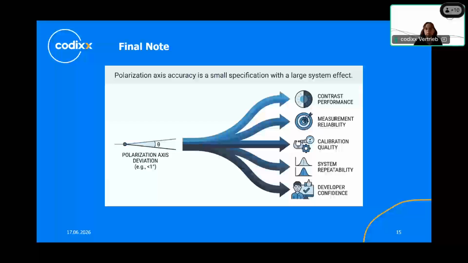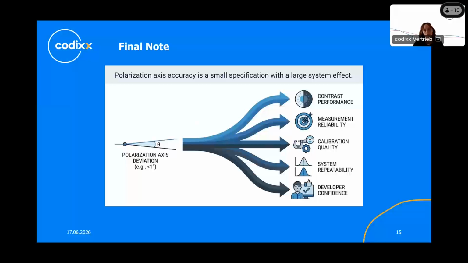And then as a final note, let's summarize. The polarization axis accuracy may look like a small specification, but in an optical system that depends on a defined polarization state, it can strongly influence real performance.